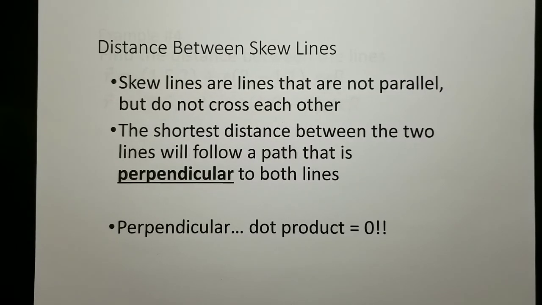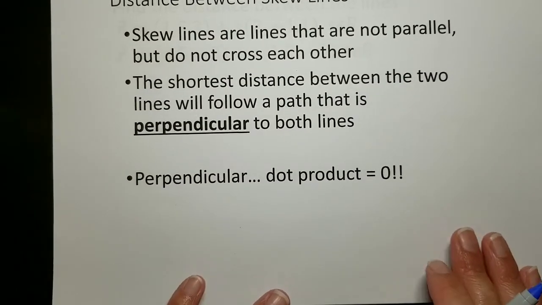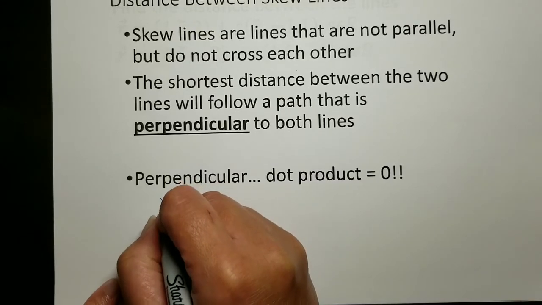If you have two lines that are parallel, you can just find the distance from any point, so the position vector of 1, to the second line, because the distance will be constant all the time. So maybe I'll make a note of that so you guys will see it in the notes as well.